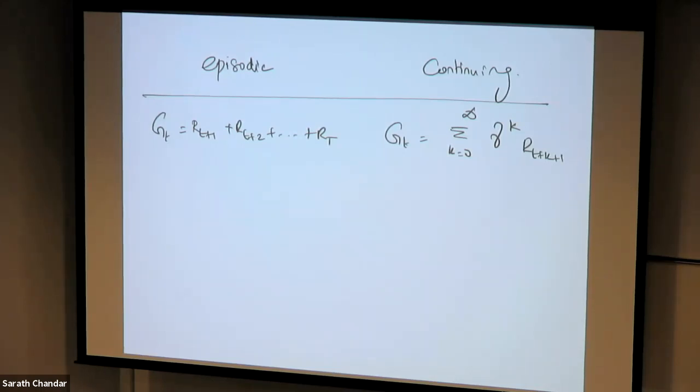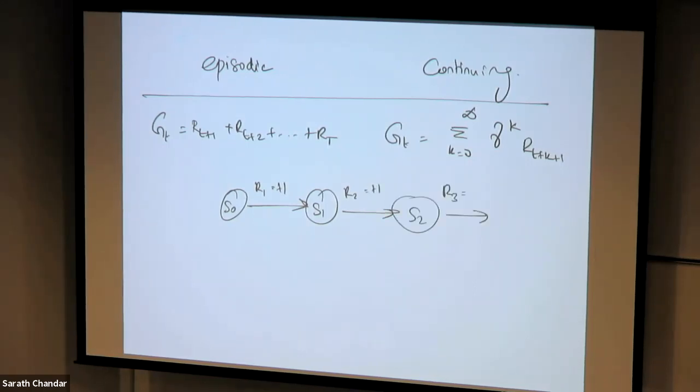We're going to take an episodic task. Let me give you an example task here. Let's say we start with state 0 and receive some reward, let's say +1, and go to state 1. Then we receive some reward, let's say +1, and go to state 2, and then you receive some reward. The episode ends here.